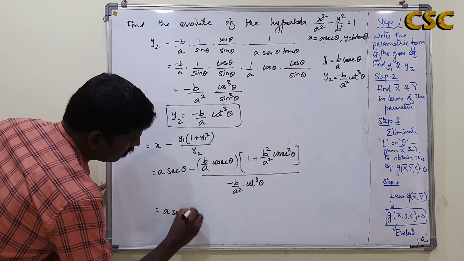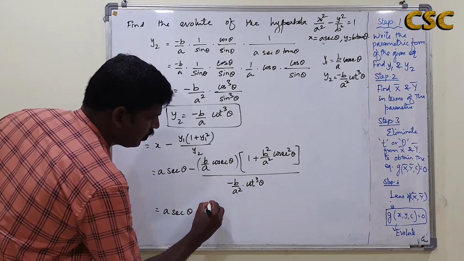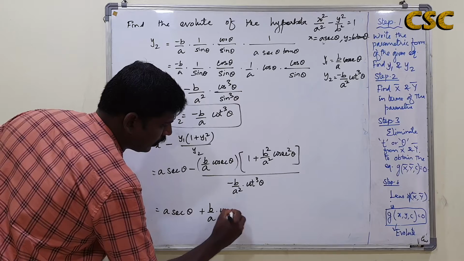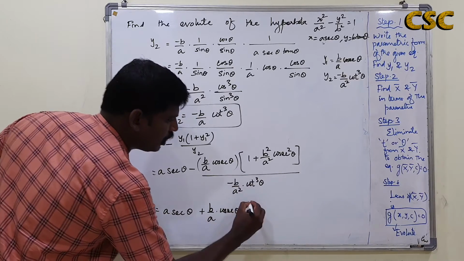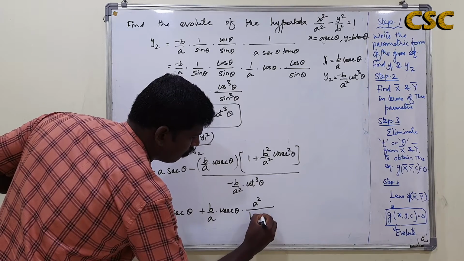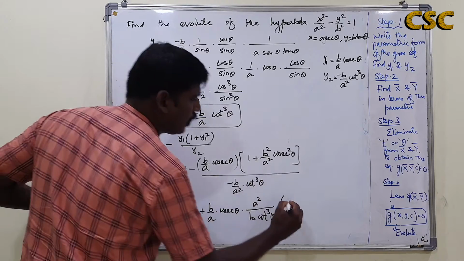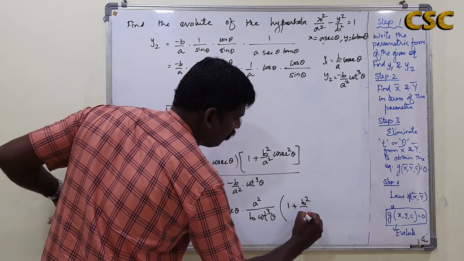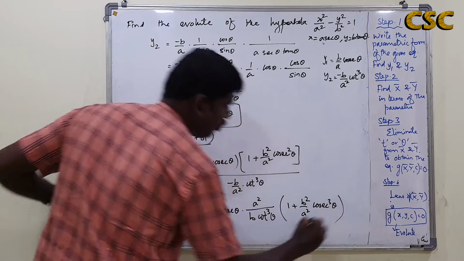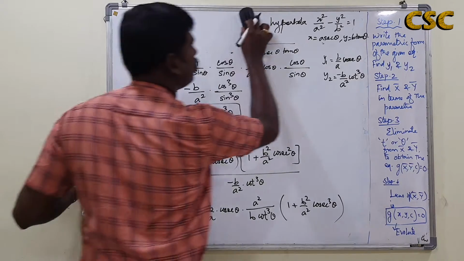A secant theta, this minus into minus becomes plus, right? So b by a into cosecant theta, this becomes reciprocal multiplication, isn't it? So a square by b into cot cube theta, and then 1 plus b square by a square into cosecant cube theta, isn't it? Now I am going to simplify this.